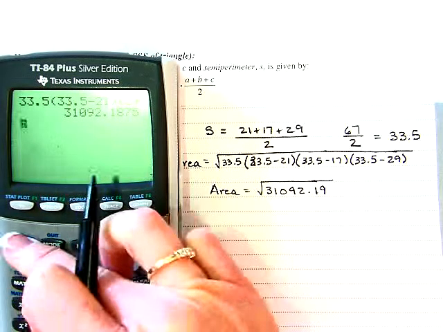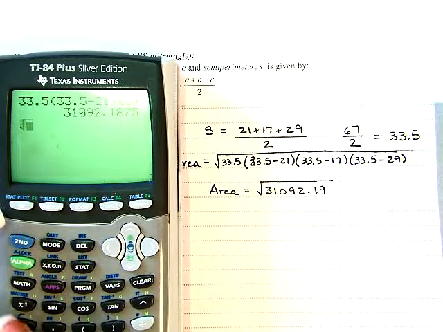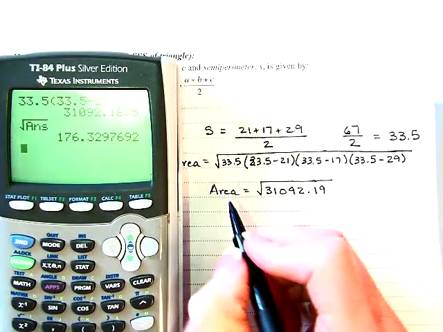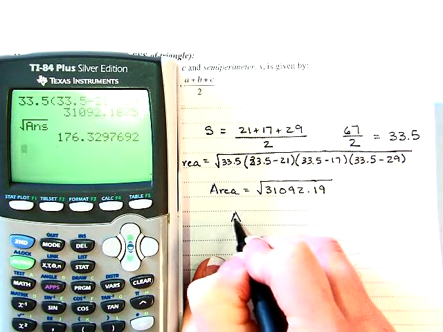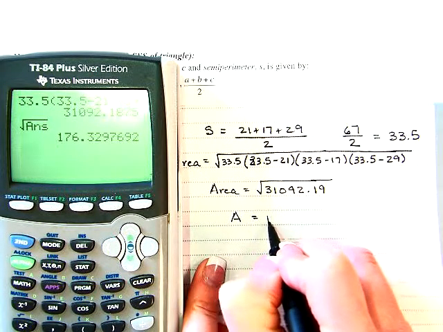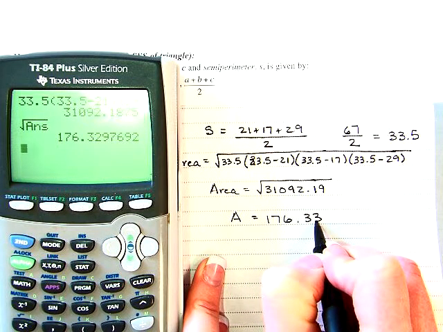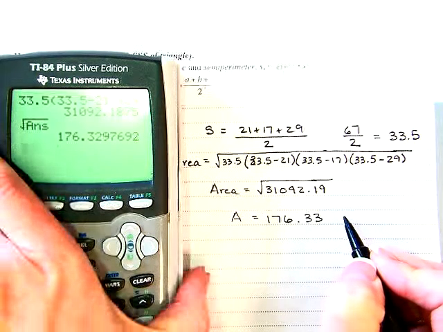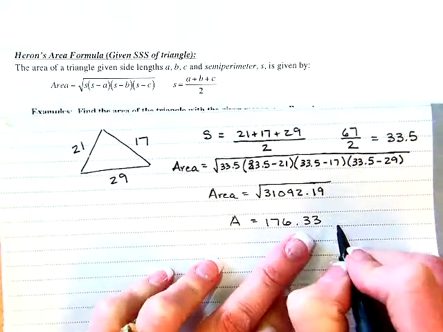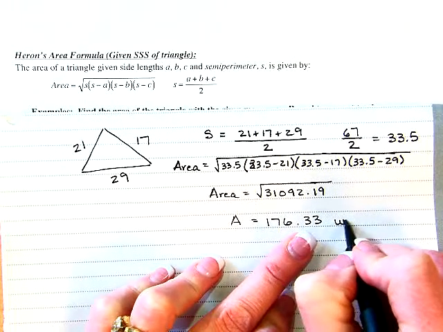And then I'm going to take the square root of my previous answer, and I get that the area is 176.33. And it did not give me a unit of measure, but it is area, so I'm going to do units squared.